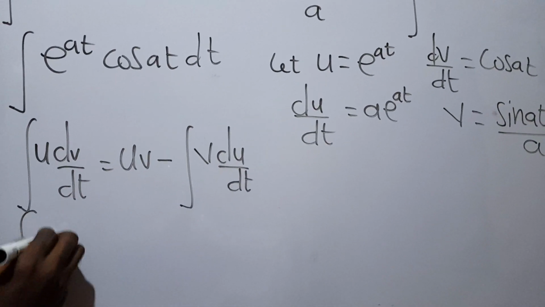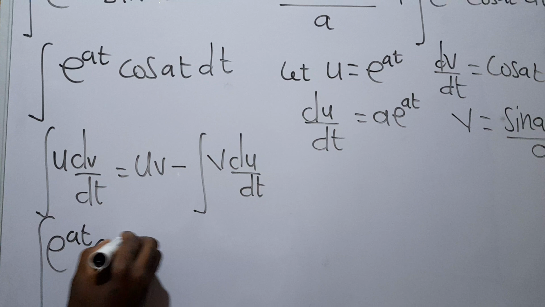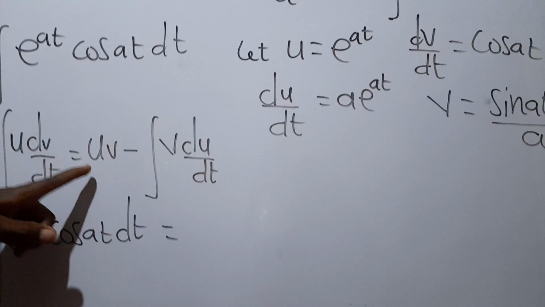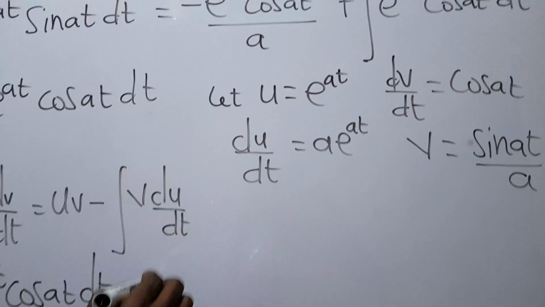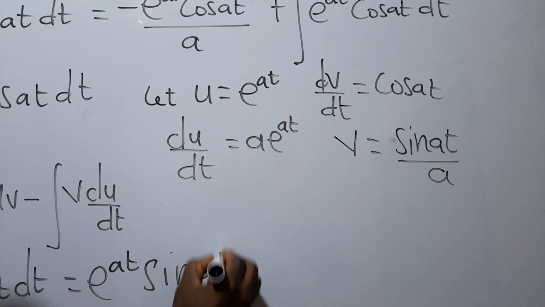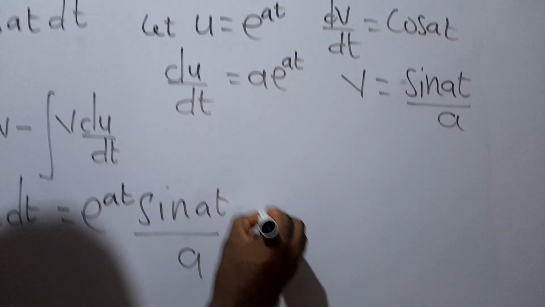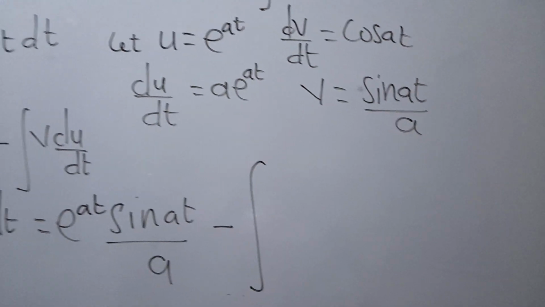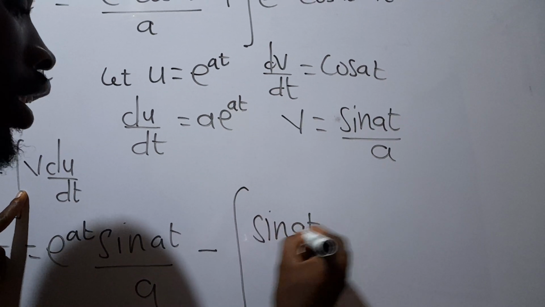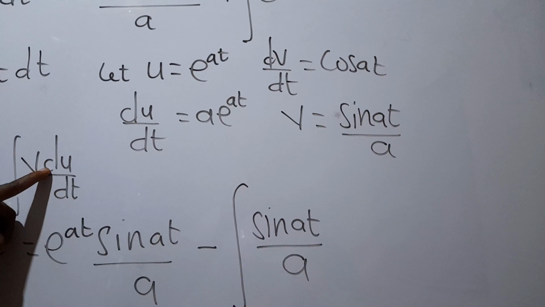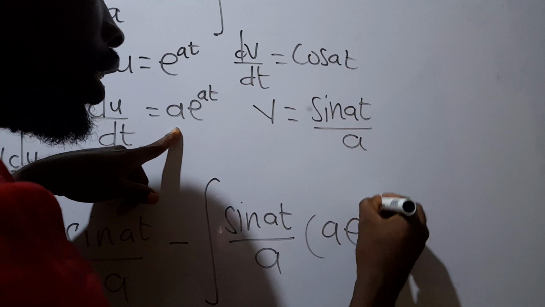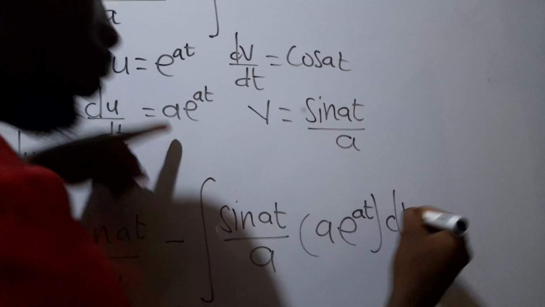So we can say e^(at) cos(at) dt is equal to, what's u? u is e^(at) and v is sin(at) over a, minus the integral of v, which is sin(at) over a, times du/dt, which is a e^(at) dt.